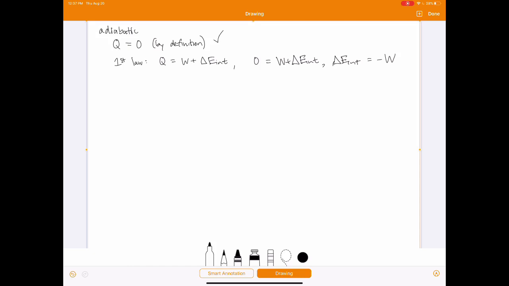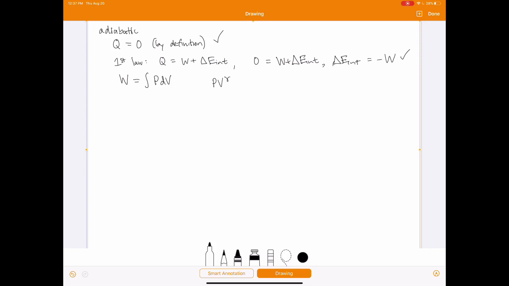Okay, so Q, delta E internal, we know how to handle both of those. All we need to do now is calculate what the work would be for an adiabatic process. And the way we calculate work is we integrate P dV. Okay, so we have to be a little bit careful about how we carry out this integral. One fact that we're going to bring into play is our adiabatic relationship.